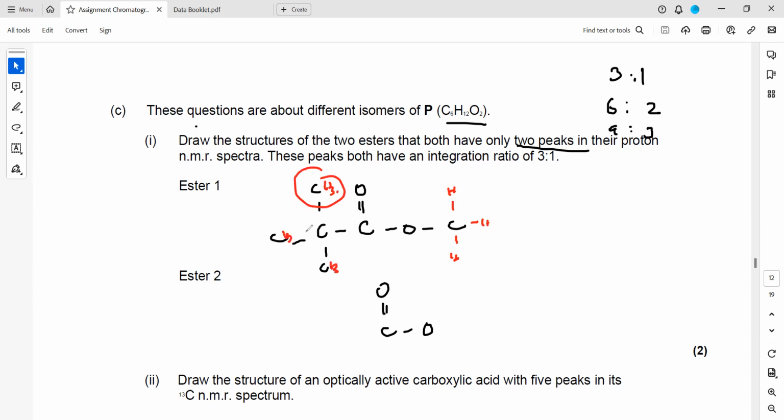So these are the identical hydrogen environments. I can say that as A, and this is the same identical hydrogen. So two hydrogen environments are there, and in one hydrogen environment there are 9 hydrogen, and in the other there are 3 hydrogen. So the 9 and 3, the ratio will be 3:1. This is one possible structure.